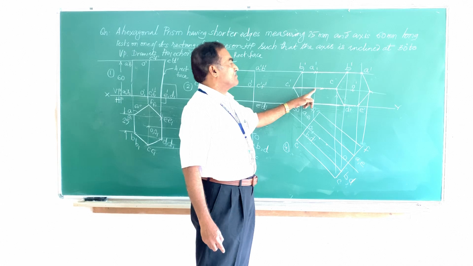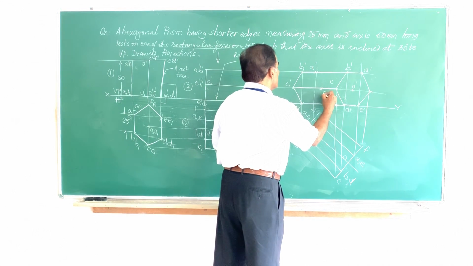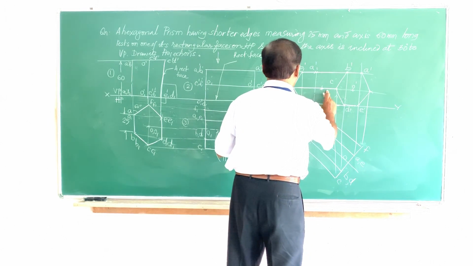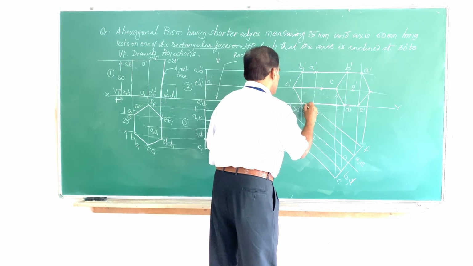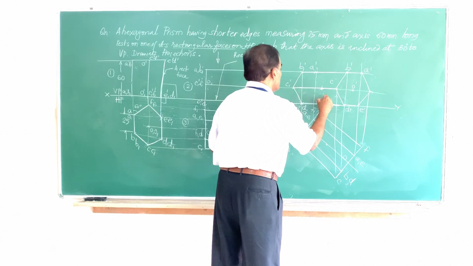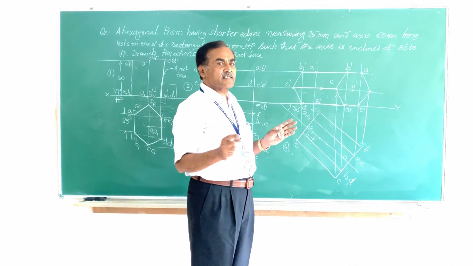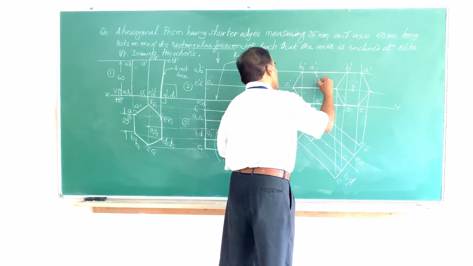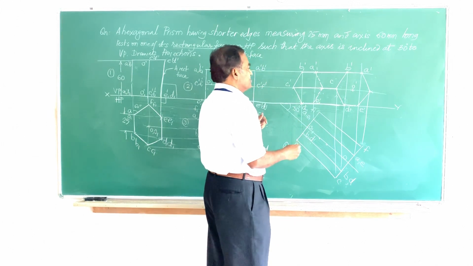This is A, B, C, D, E, A1 dash, B1 dash, C1 dash, D1 dash, E1 dash, F1 dash. This F1 dash is not visible, and hence all the edges connecting that are to be shown by invisible line, means dotted lines indicating that edge is not visible.